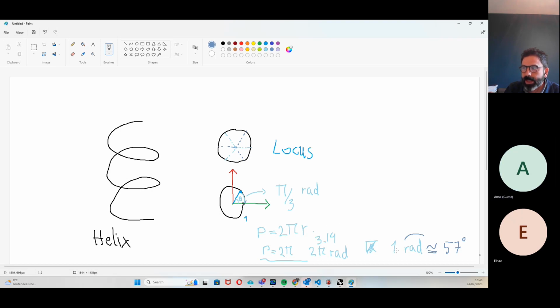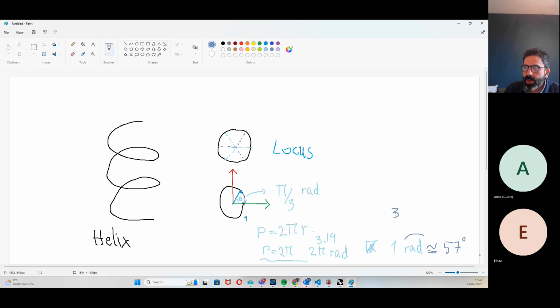So 1 radian is actually 1 meter on the trigonometric circle, or 1 centimeter if it's 1 centimeter, or whatever the unit of the length is. But it's also a unit of angles. Does it make sense? It's a way to make angles metric.